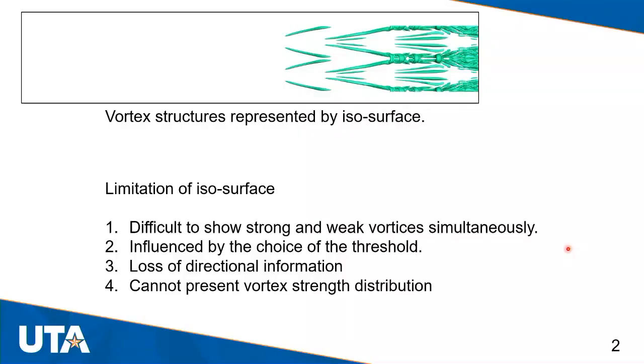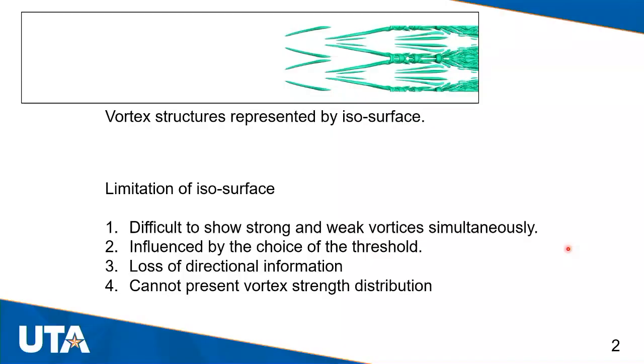I think you are familiar with the turbulence transition, right? For the turbulence transition, in the first stage there do have some span-wise vortex, right? That's the Tollmien-Schlichting waves. But if you pick a large threshold, this part of the vortices cannot be shown because they are too weak.